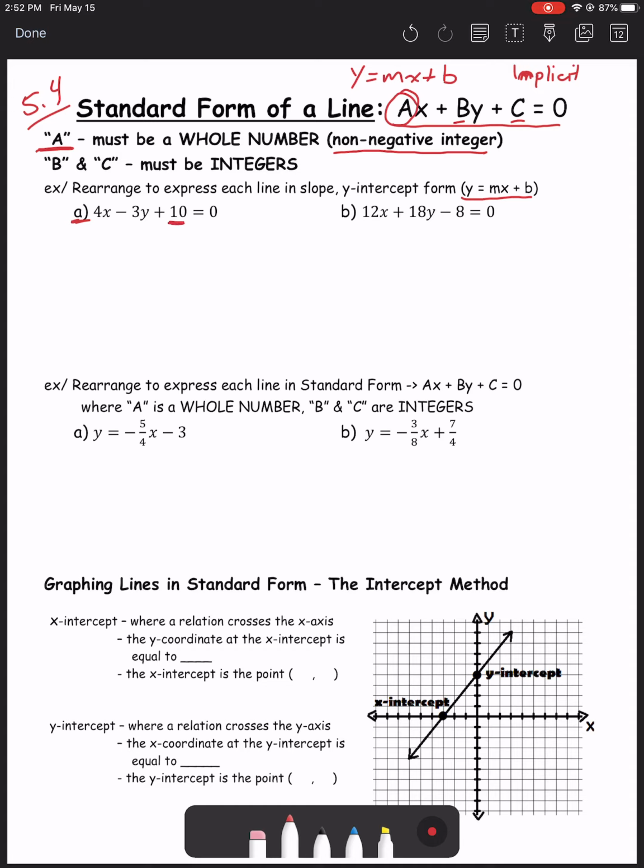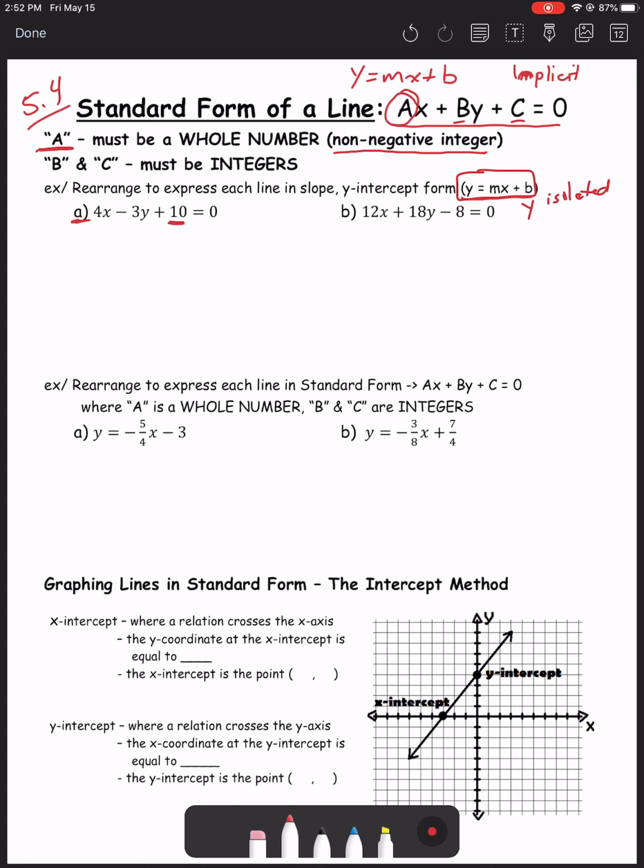In order to be able to state the y-intercept, it must be in this form where the y is isolated. So the y has to be by itself. You can't have the y and the x all on the same side of the equation. You can't have a number in front of the y.